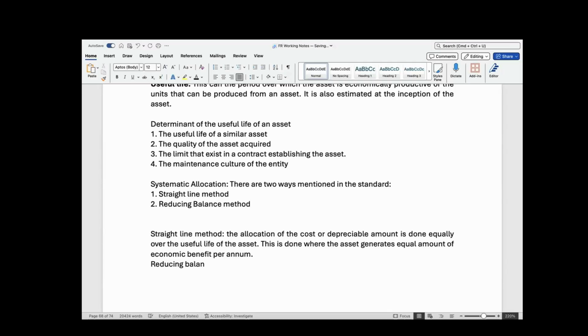But reducing balance method, for this one, a higher amount is allocated to the earlier years of the assets, while a lower amount is allocated to the later years of the assets.